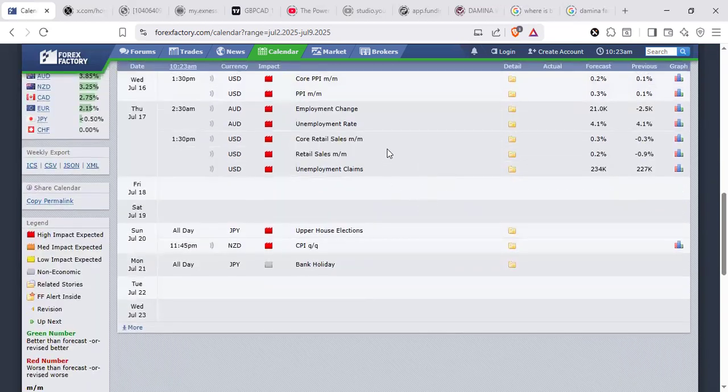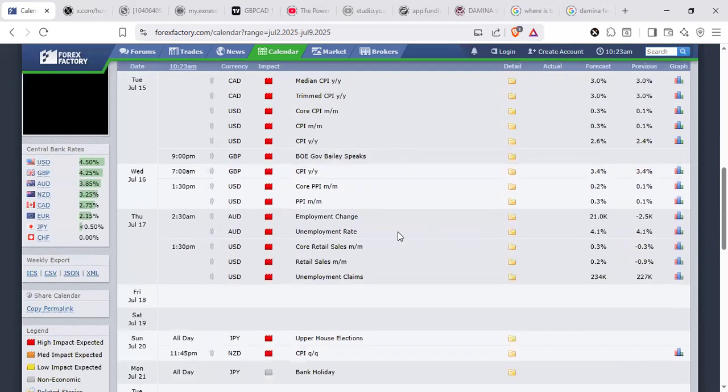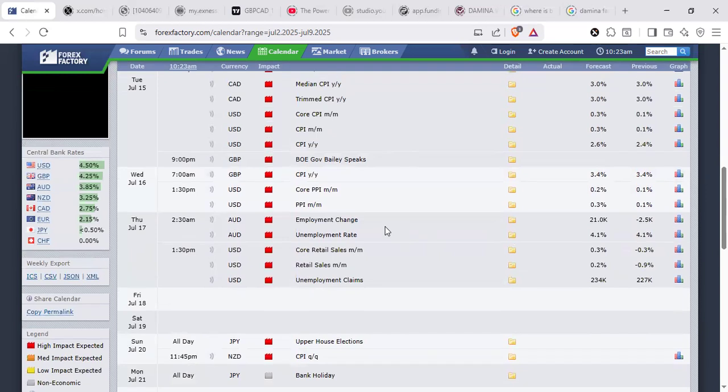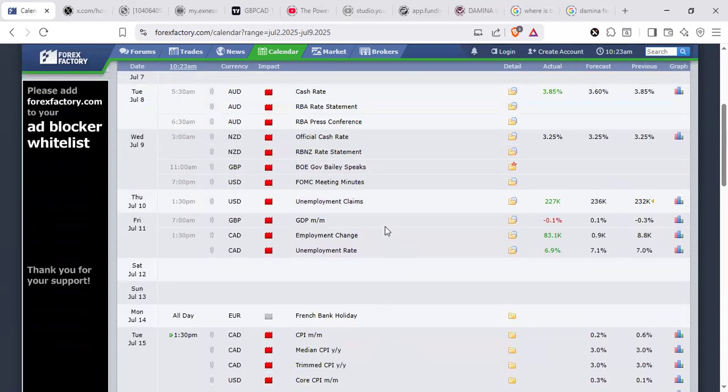I myself was looking at GBP CAD. Then I came to Forex Factory to take a look at what has been happening fundamentally on GBP CAD. The first thing I saw was that on Friday last week, GBP had a bearish sentiment. For this GDP, it was minus 0.1%, and this affected GBP negatively, right?